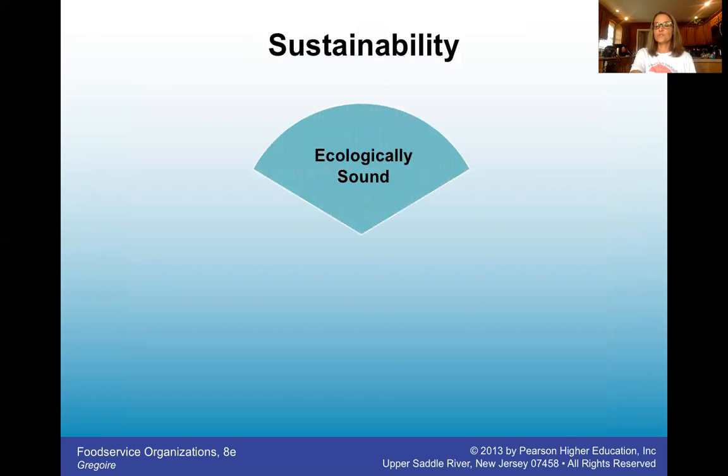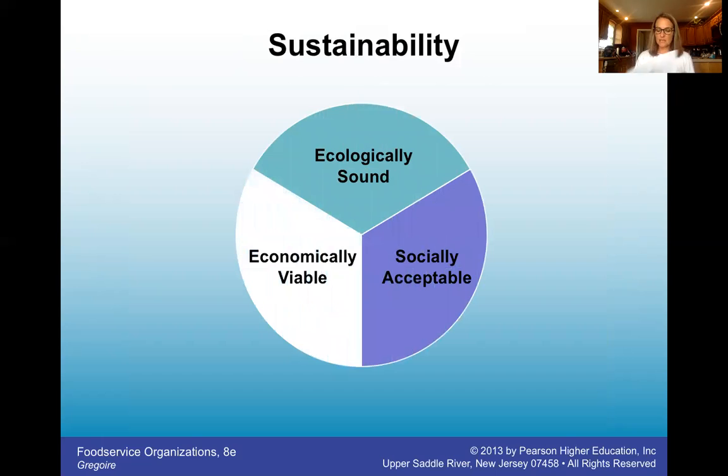Okay, just real quickly, sustainability is a big kind of, I don't want to say it's the hot button word, but it is. And so a lot of places are looking to be more sustainable, not just only for improving food service operations, but helping the environment and being good citizens as well.